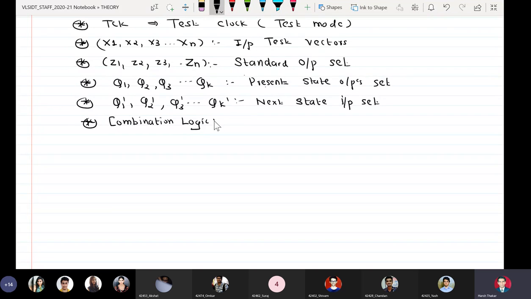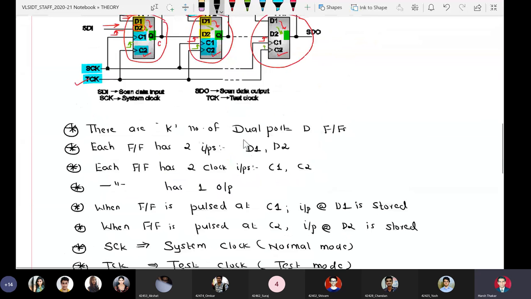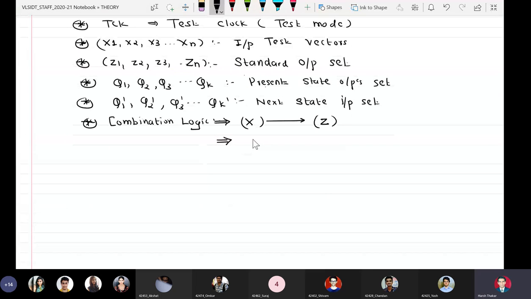It converts the inputs X into Z, and also generates the next state inputs, Qk dash.